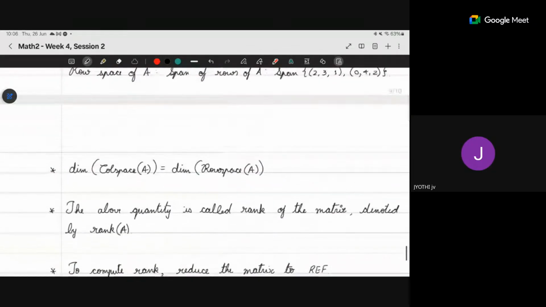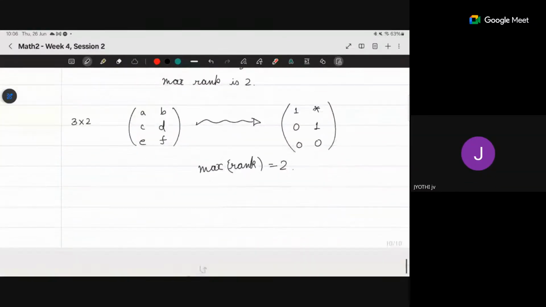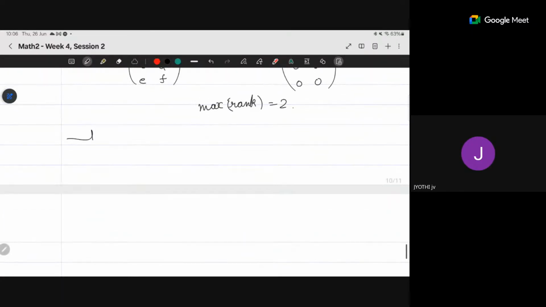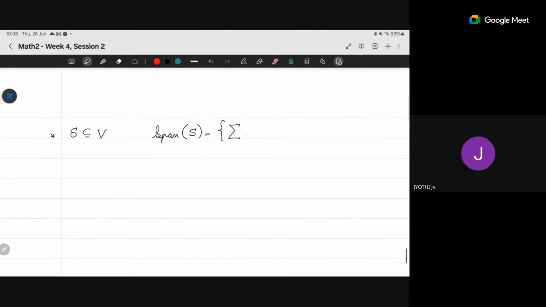Okay, so span of a set. If I have any subset S in a vector space V, I can talk about what is the span of that set. Span of that set is the set of all possible linear combinations using vectors from that set itself. You have to choose a finite number of them.